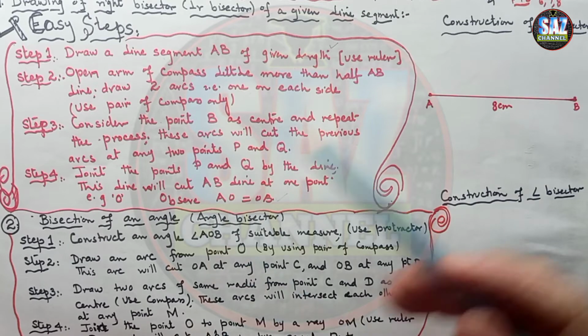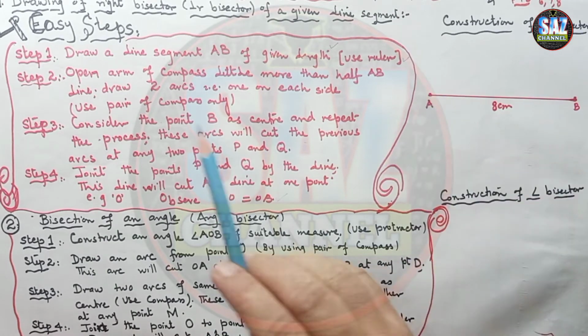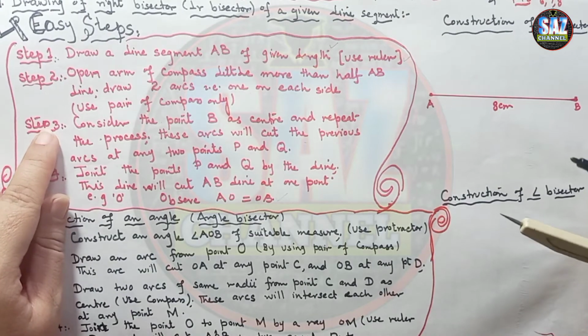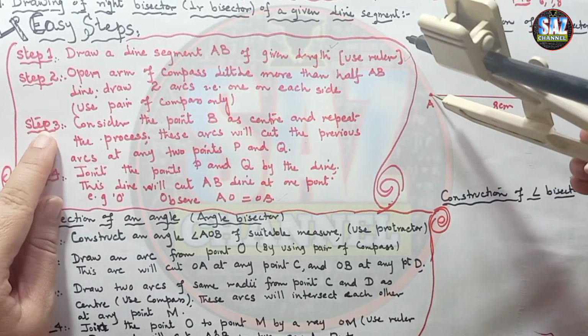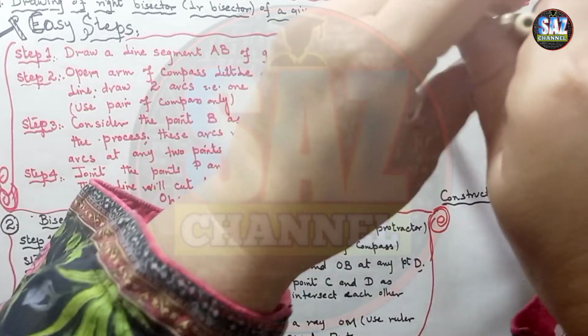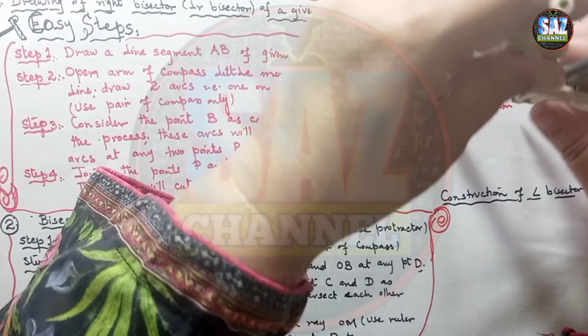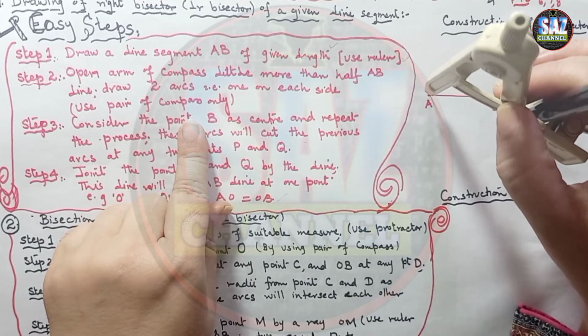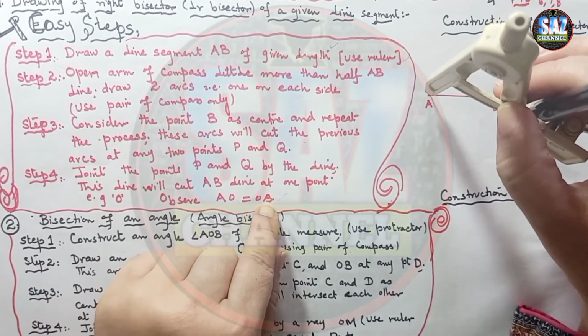Step 1 is done, and after that we have to open arm of compass little more than half. But here I want to say this to my students, that you're not supposed to keep the compass on the ruler. You just have to open the arm of compass through observation, little more than half, and I have to keep the needle of the compass on any one of the points.